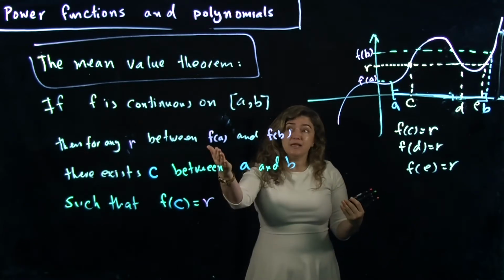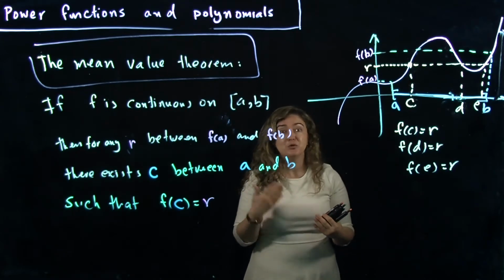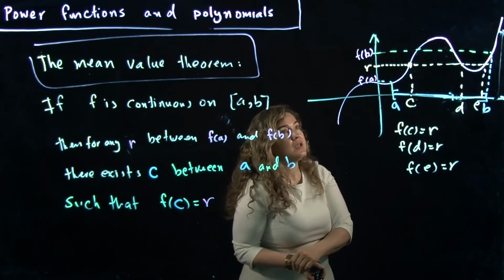But what the theorem is telling you is that just one value would work. You will have at least one value of x if the function is continuous.